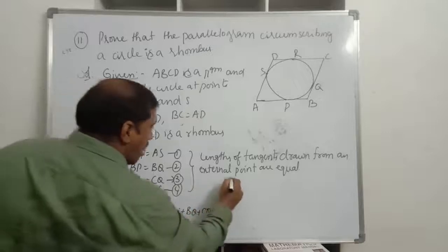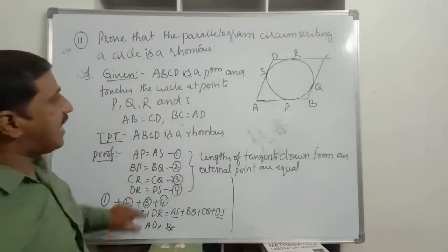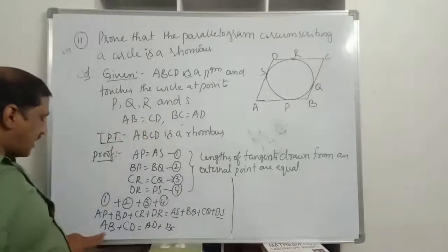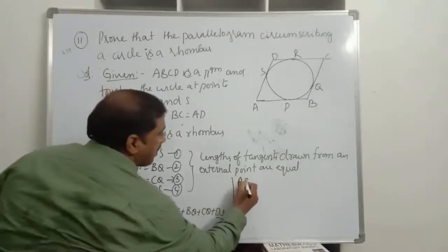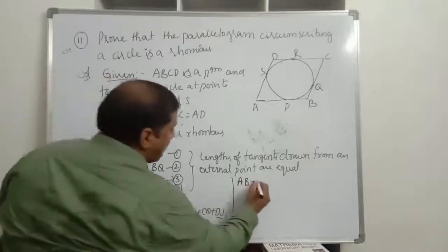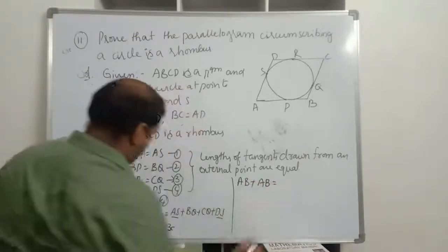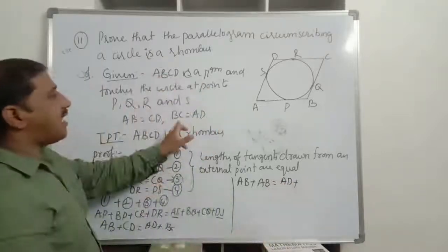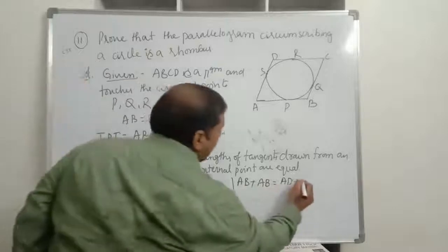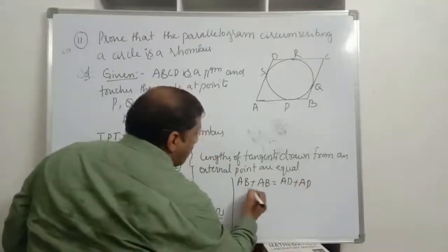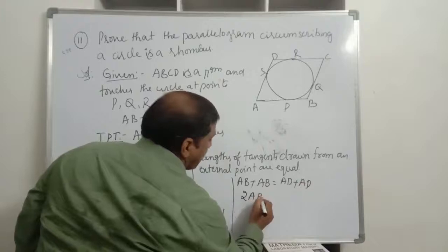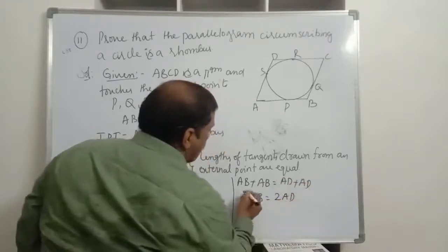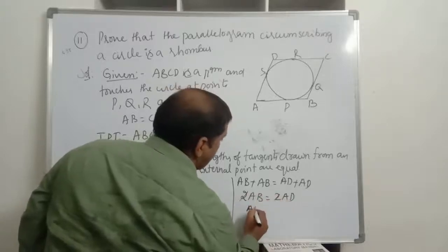Now we know that AB and CD are opposite sides and they are equal. So AB plus CD can be written as AB plus AB, and AD plus BC can be written as AD plus AD, since opposite sides of the parallelogram are equal. That is 2AB is equal to 2AD. Now the 2 and 2 cancel, we get AB is equal to AD.